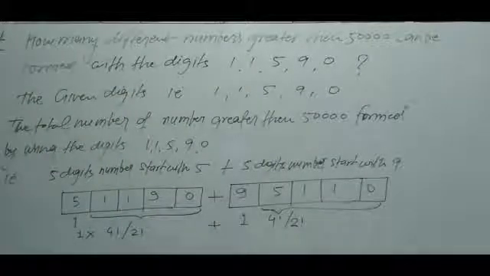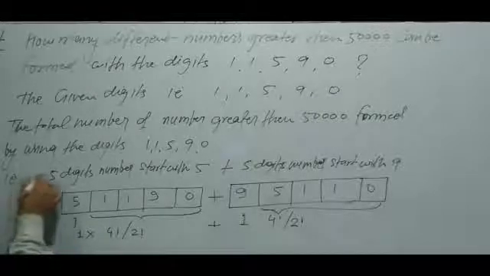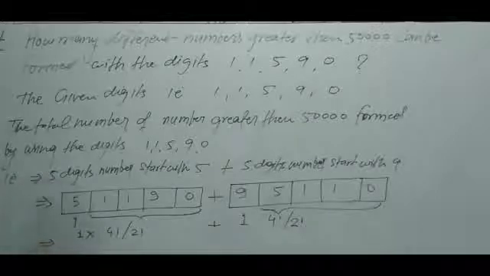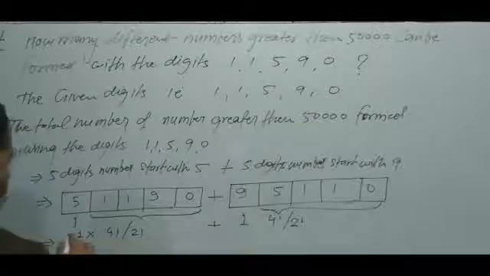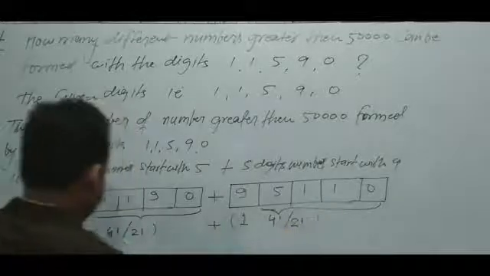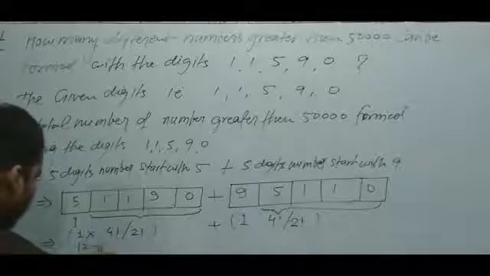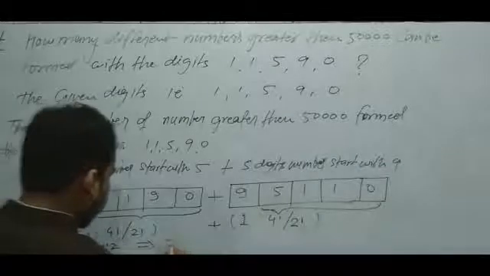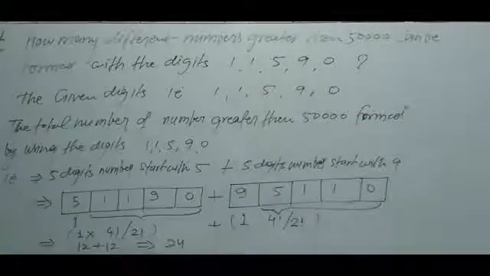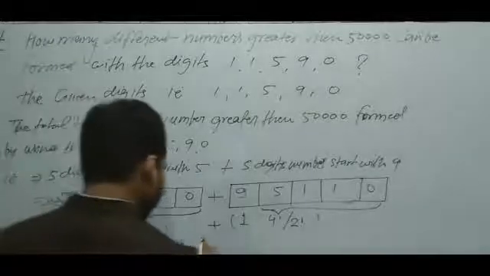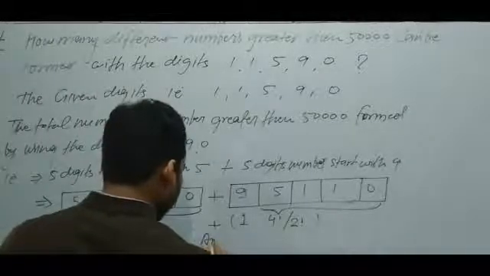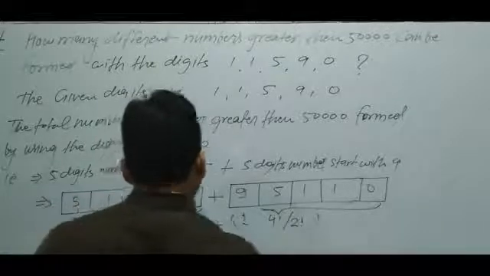So what you will get the result? Result we can get, this is 12 calculation, and this is also 12. So 12 plus 12 result is 24. Now see, 24 is the answer.